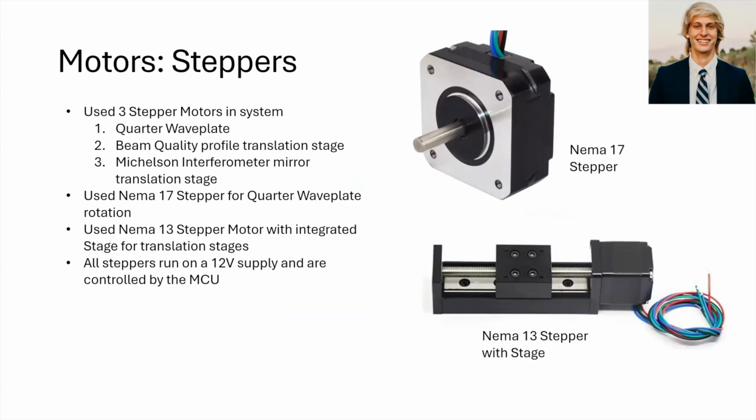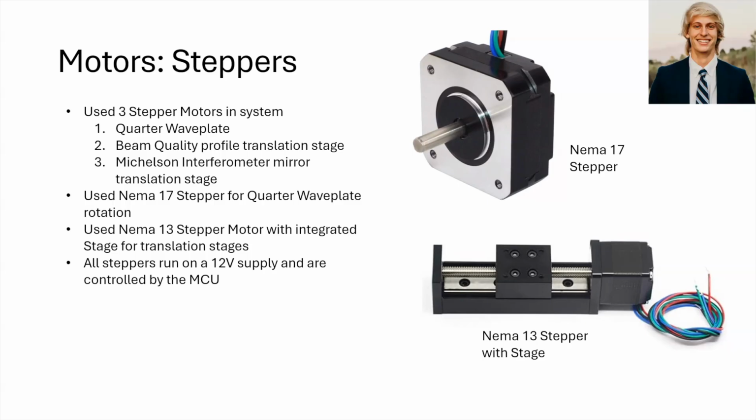We're using three stepper motors in this project. One of them is for rotating the quarter wave plate, and two of them are for translation stages via ball screw systems. The translation stages come pre-assembled as standard CNC stations.